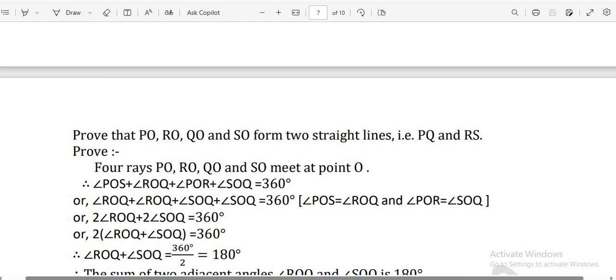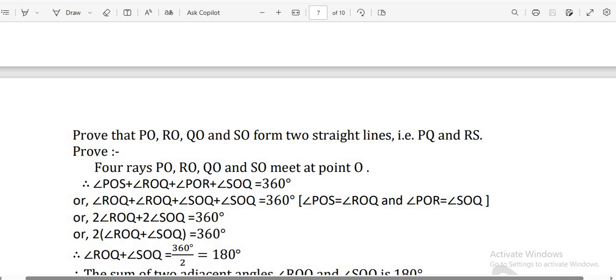We know the concept of opposite angles. Angle ROQ plus angle ROQ plus angle SOQ plus angle SOQ is equal to 360 degrees.